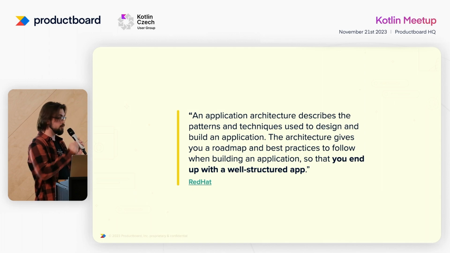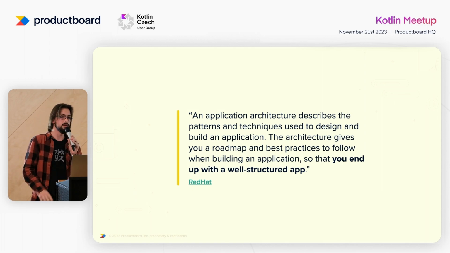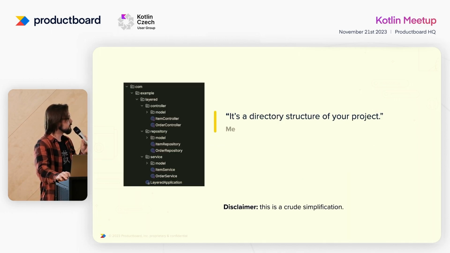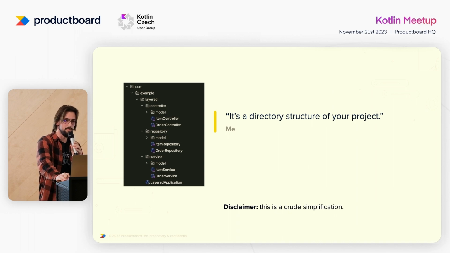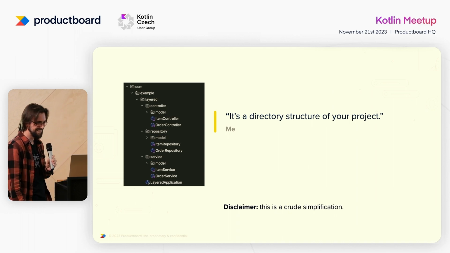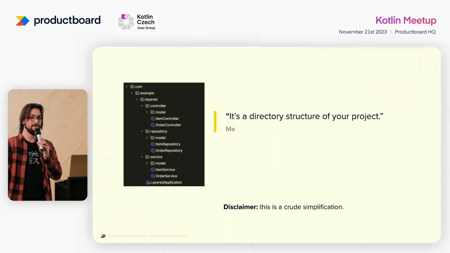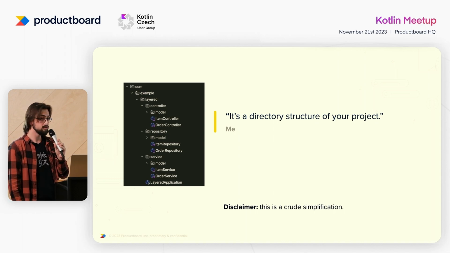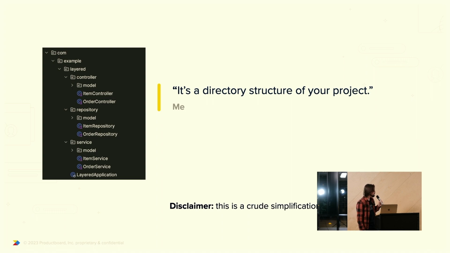And now, trigger warning, for the sake of this talk, I prepared my own definition. You're gonna love it. It's a directory structure of a project. Before you start throwing potatoes or tomatoes at me, whichever you find, this is a crude simplification.